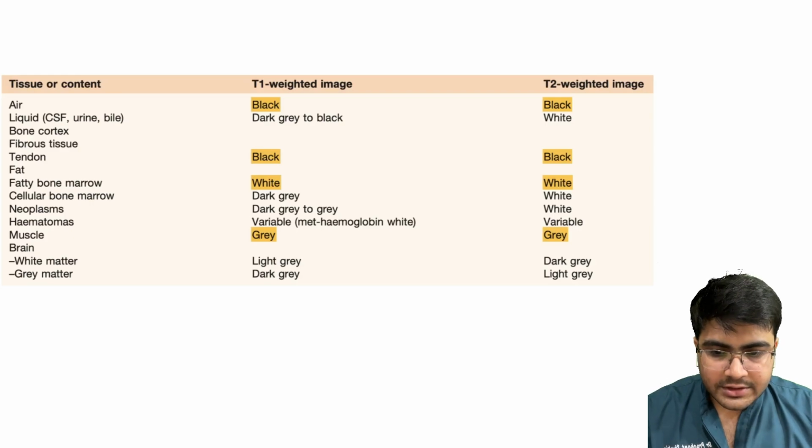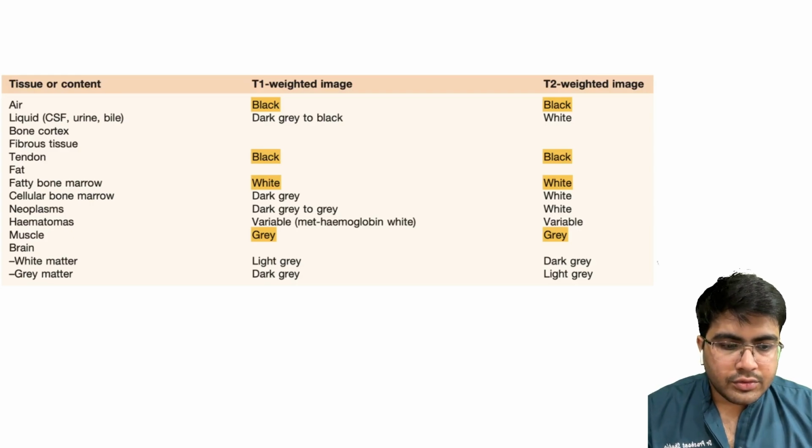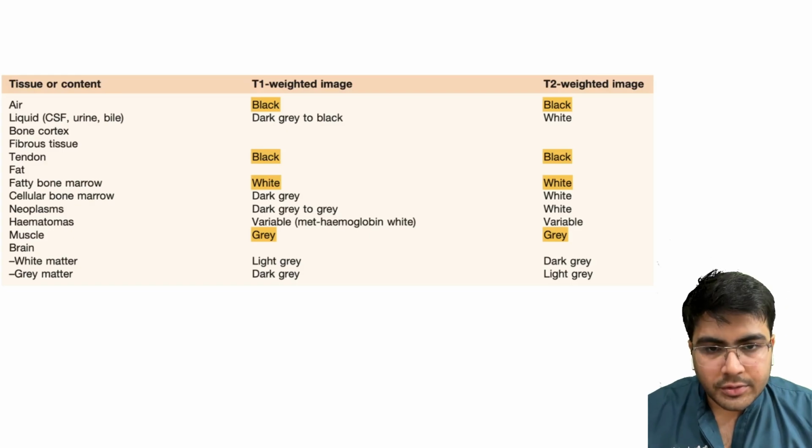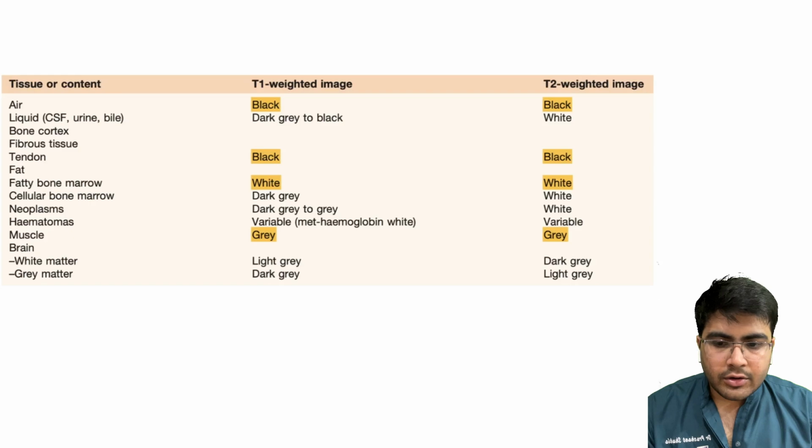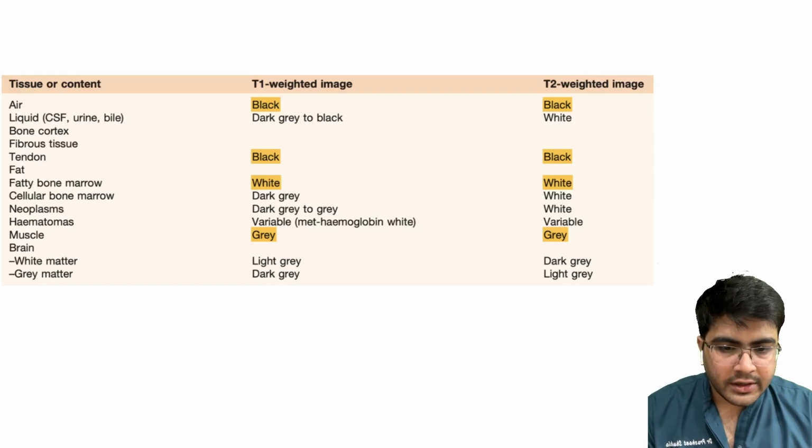The best part is that in most cases we don't need to differentiate whether it's a T1 or T2 image. Air looks black on both T1 weighted and T2 weighted images. The muscles look gray in both T1 and T2 weighted images.